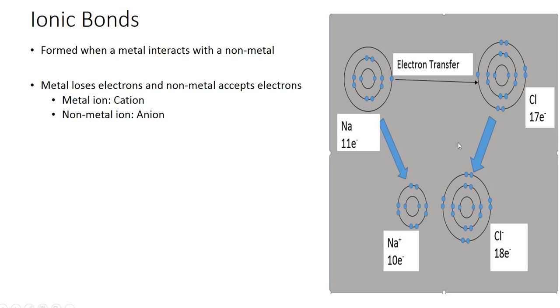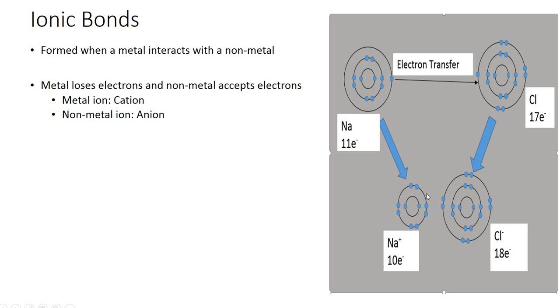It has 17 electrons. This electron here on the outer shell can transfer to the chlorine. So the metal sodium will lose the electron to the chlorine. When the metal loses this electron, this shell disappears. So we remain only with the shells inside.